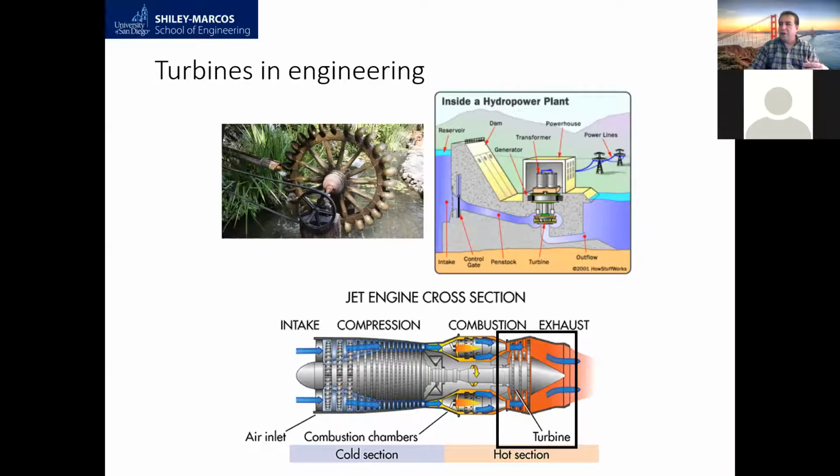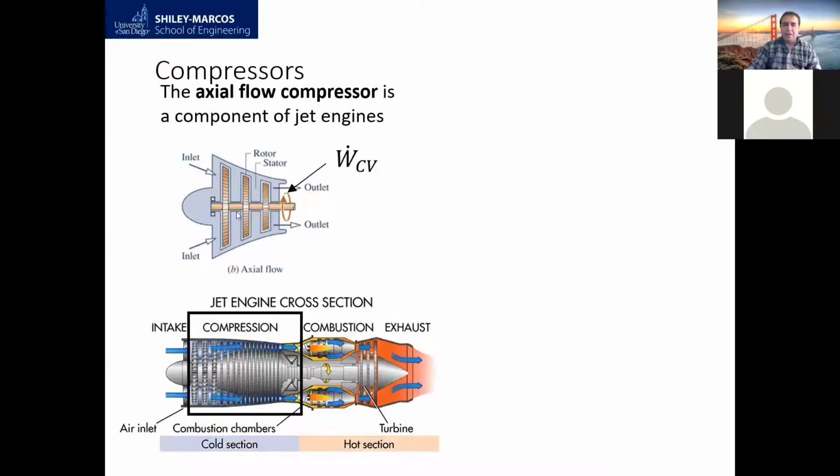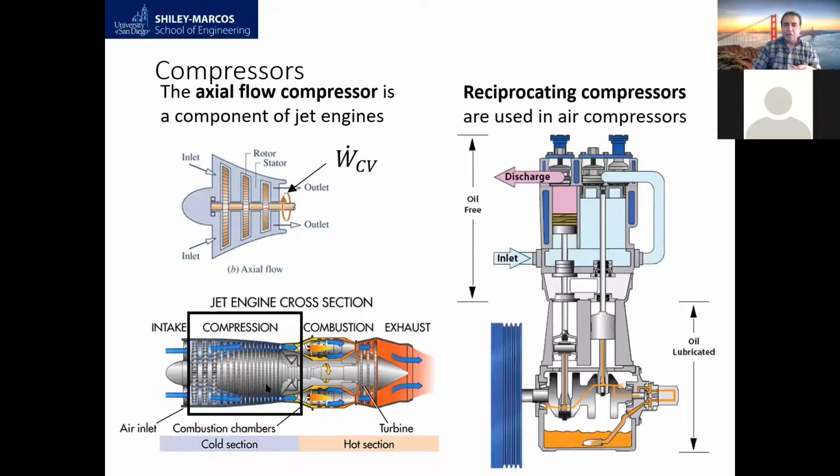So you need to have a pump, compressor, then combustion chamber, and then a condenser for evaporators. Then we have the mechanical work that is going to generate electricity. This is the shaft, and this is the work of the shaft, W.CV. The axial flow compressor is a component of a jet engine.